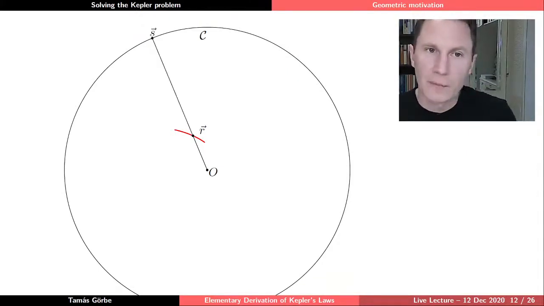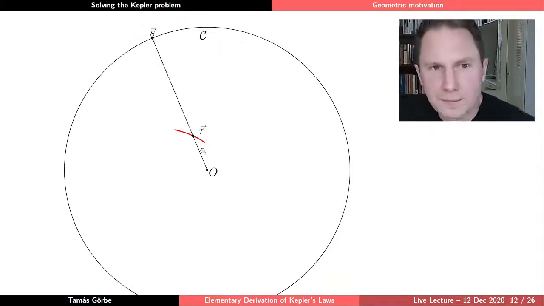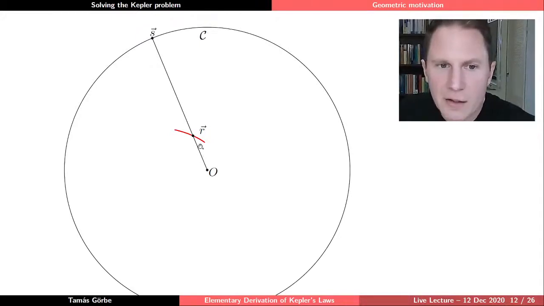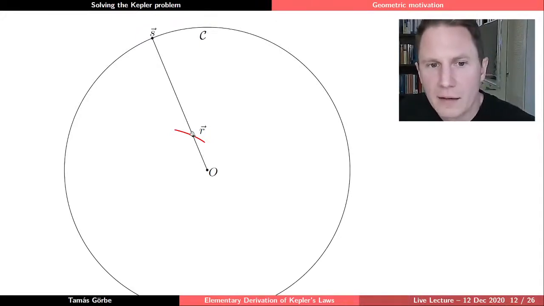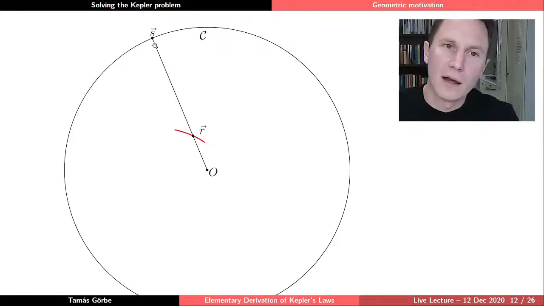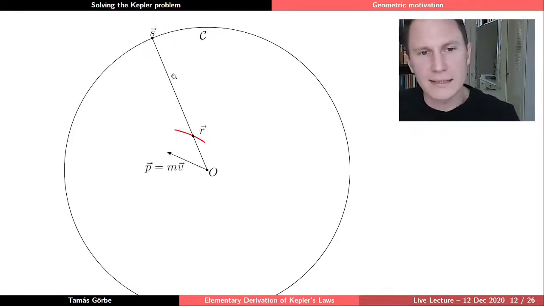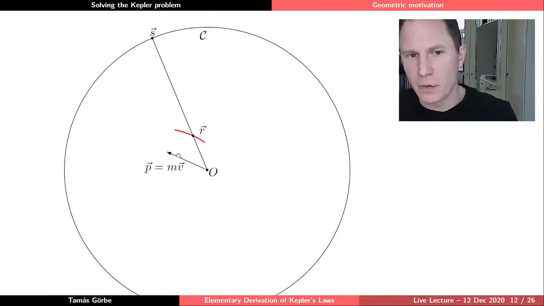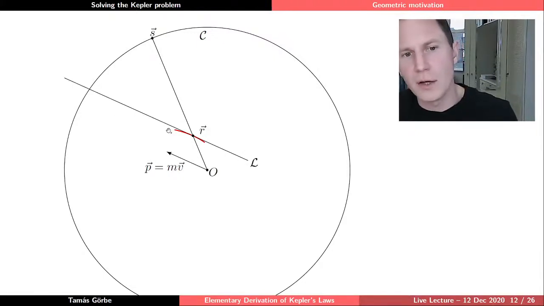Okay, let's just connect the origin through the planet to a point on the circumference of the circle, on the perimeter of the circle, and this way we get a vector s. Let's also look at the speed, the velocity vector of our planet. That gives us a tangent line to the orbit of our planet.